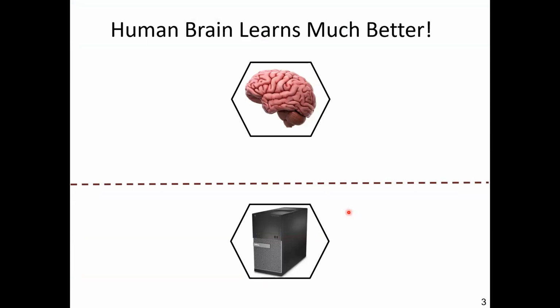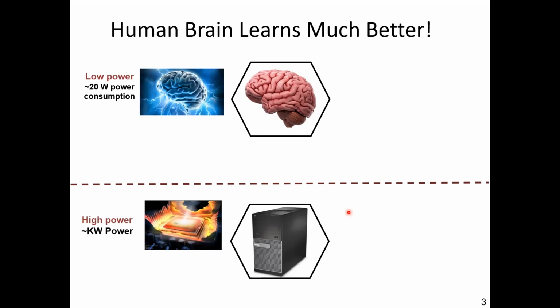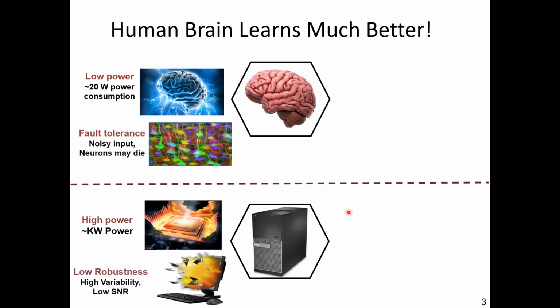As we all know, the human brain and today's computer have multiple differences. One of the main differences is power or energy efficiency. Today's computers require kilowatts or megawatts to train or perform a learning task, while the brain can perform this with about 20 watts. But the only difference is not power.